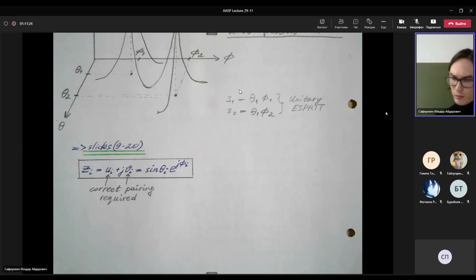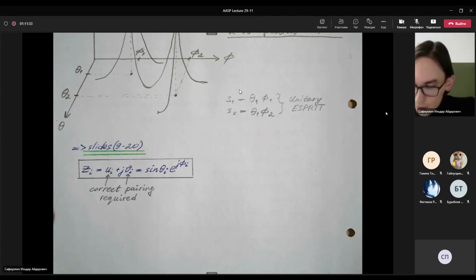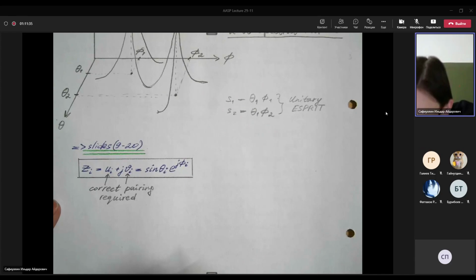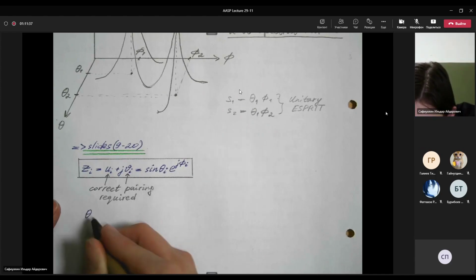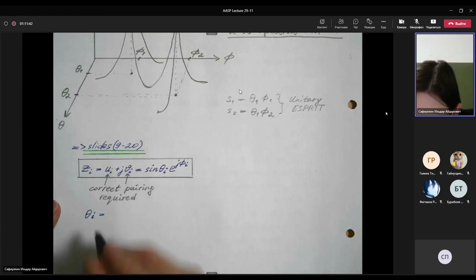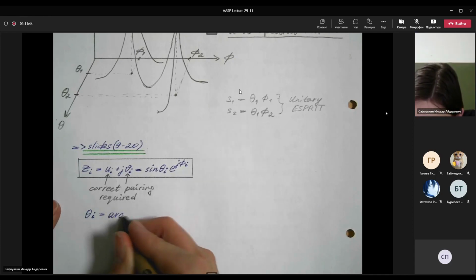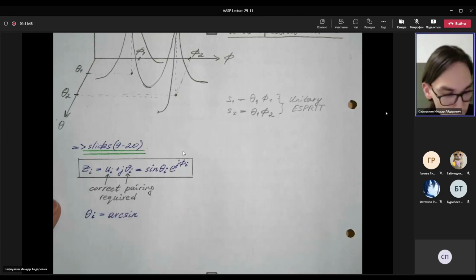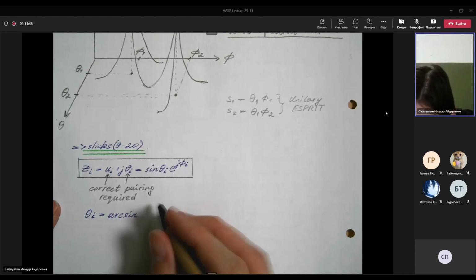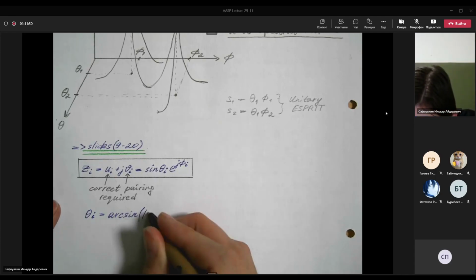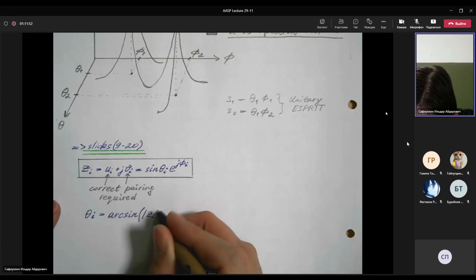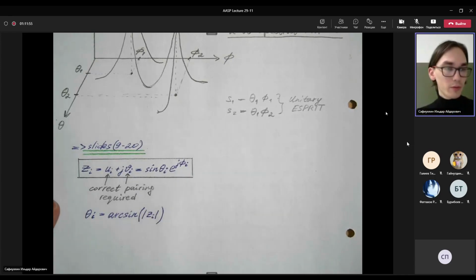And I will show you what we have for u sub i and v sub i next. But first, let's show that the co-elevation angle theta sub i is equal to the arcsine of the absolute value of our new direction of arrival.